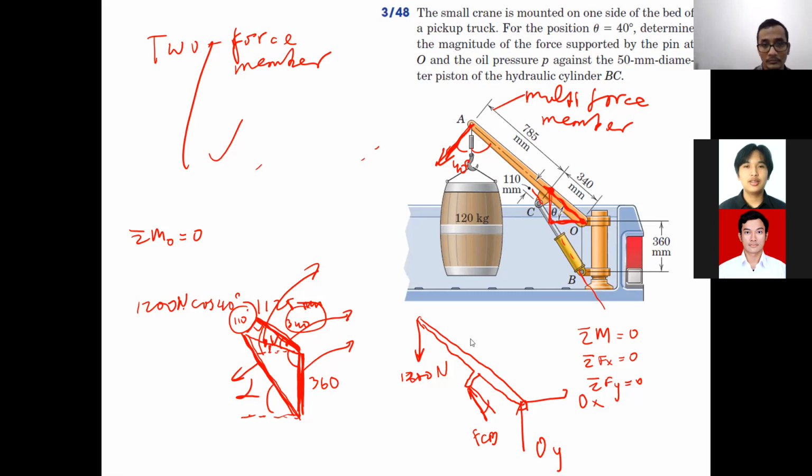Naila, do you still remember how to find the angle? Do we just use arctan?